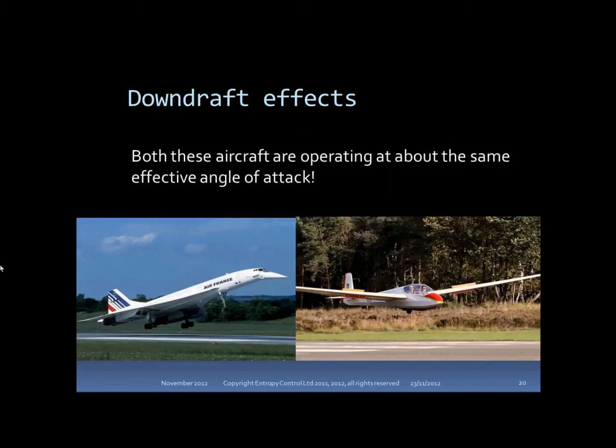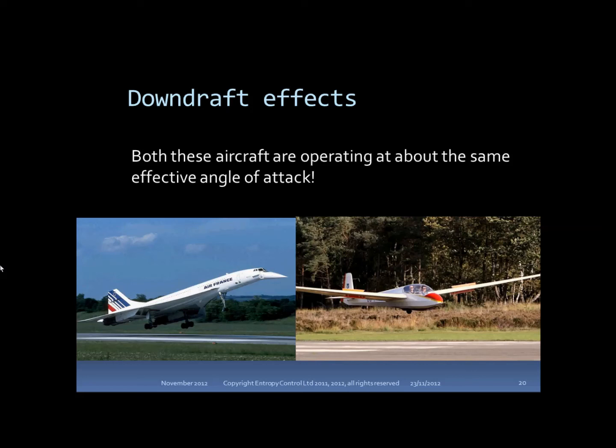Here's an extreme example of what I'm talking about. Both the Concorde and the glider are flapless, and they're both operating at about the same effective angle of attack, although they don't look like it. The short delta wing of the Concorde is producing huge downdraft velocity at landing speed, so the aircraft has to be at a very high nose attitude to get the geometric angle of attack that it needs.